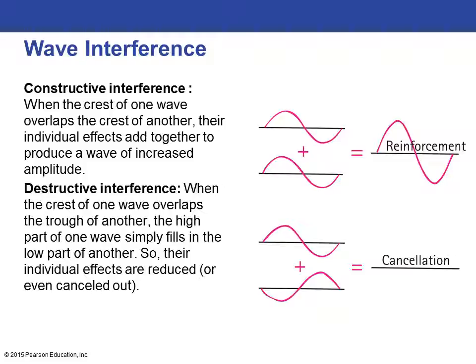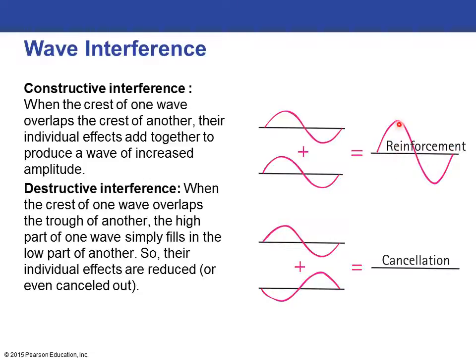And whether you're adding or subtracting your waves, we call this constructive interference or destructive interference. So constructive interference, this picture here, is if you had two waves that were moving in the same direction, in the same place at the same time, and what you would end up with is a wave with twice as big of an amplitude.